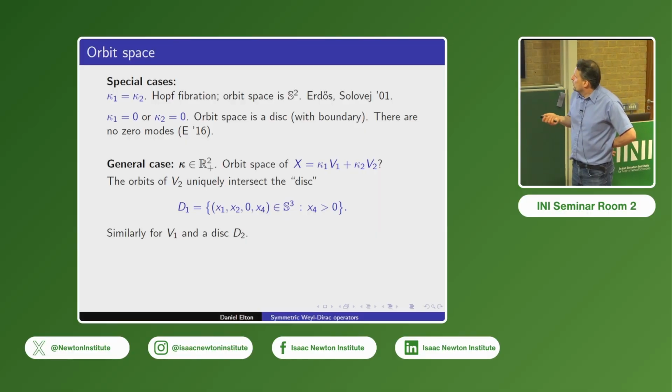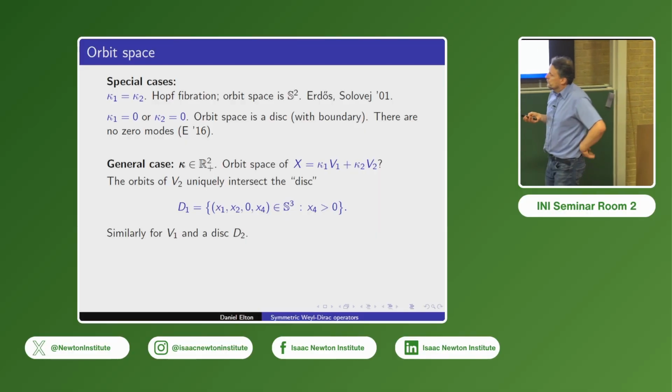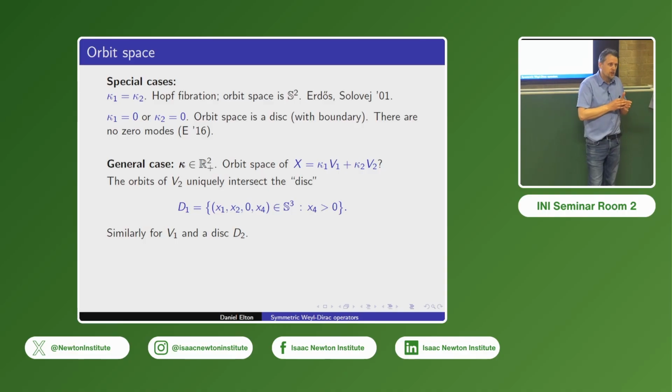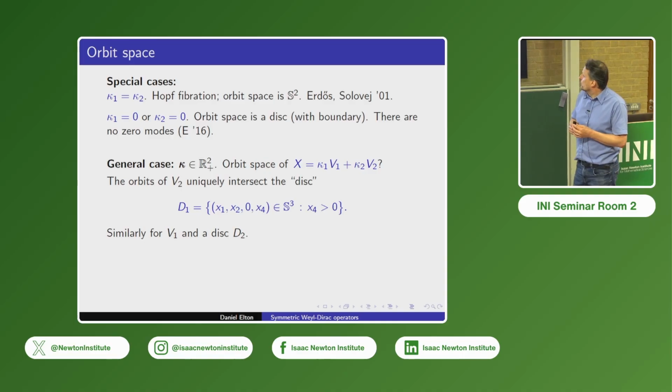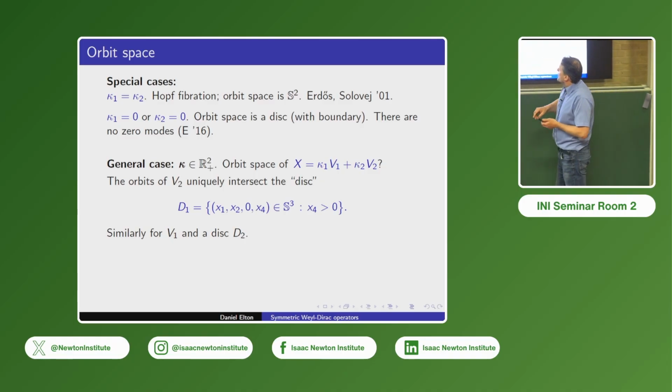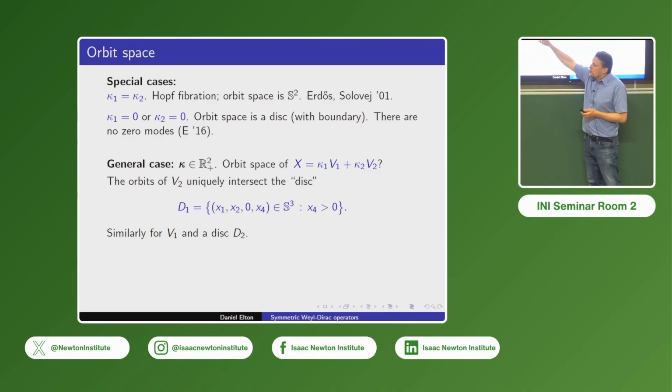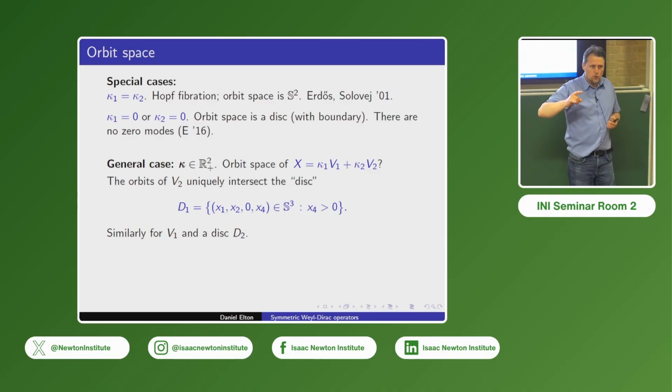Okay, so what about the more general case? And this is where I want to restrict our parameters to being positive, well, non-zero, and I'll take both to be positive. What can we say about the orbit space of this vector field X, this one generating our symmetry? Well, if you look at one of the rotations, so say we take V2, this is rotating in the x3, x4 coordinates.